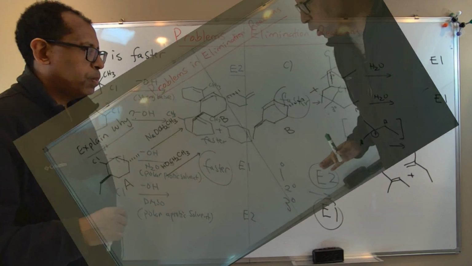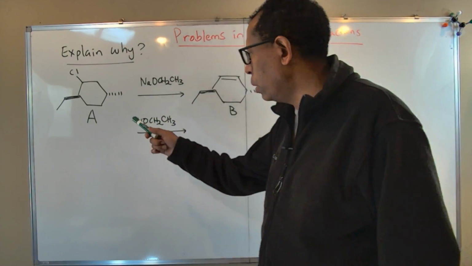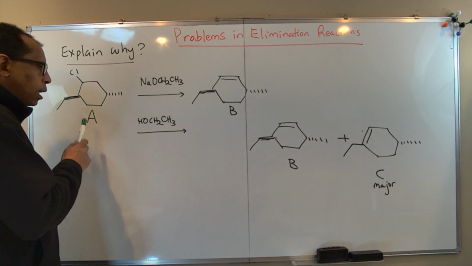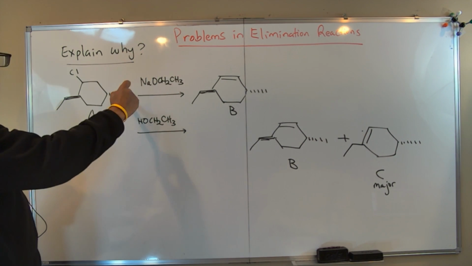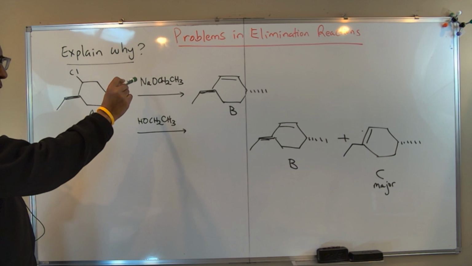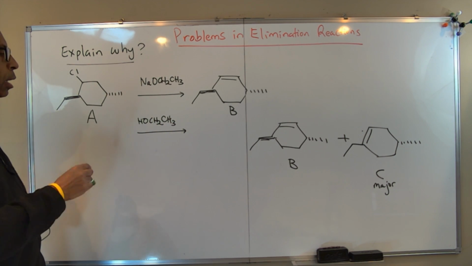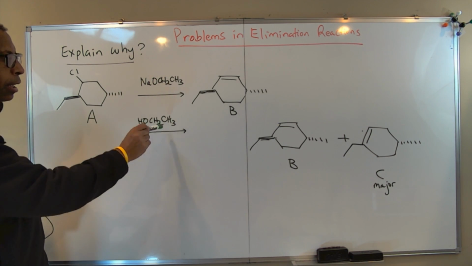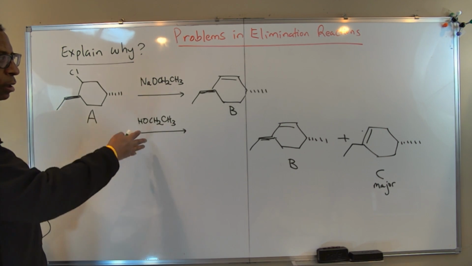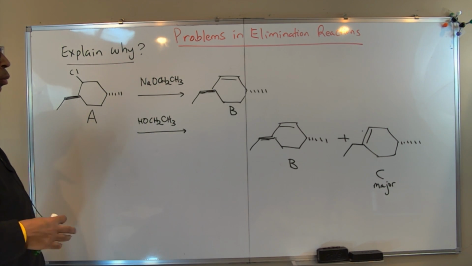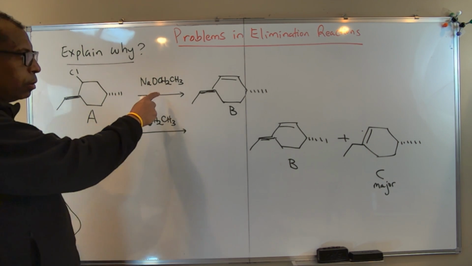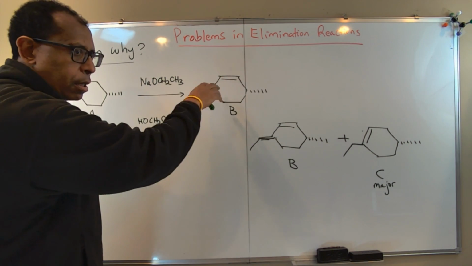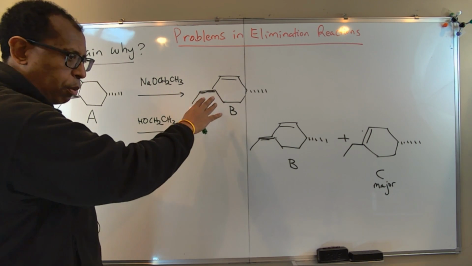We have an interesting question. Compound A, which is an alkyl halide, is treated with sodium ethoxide, a strong alkoxide base, in ethanol. When you treat it with sodium ethoxide, it gives only compound B as the dominant product.